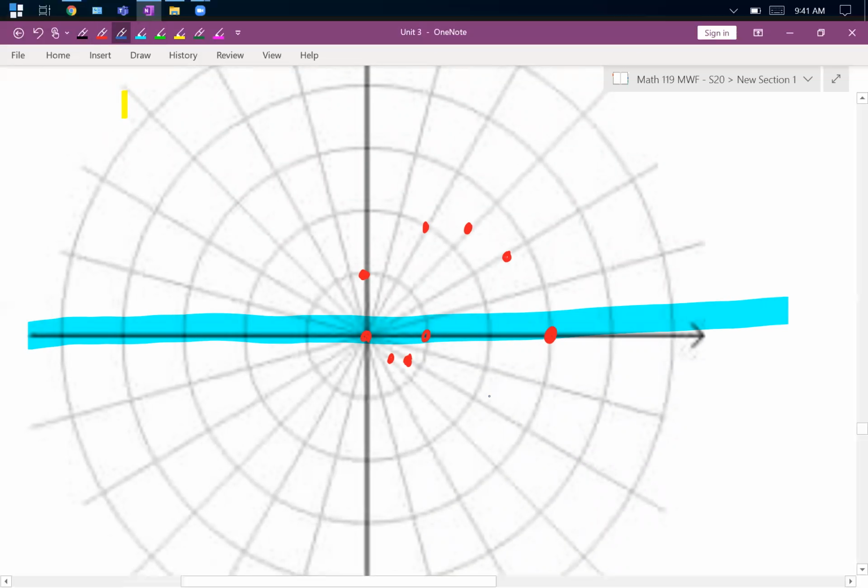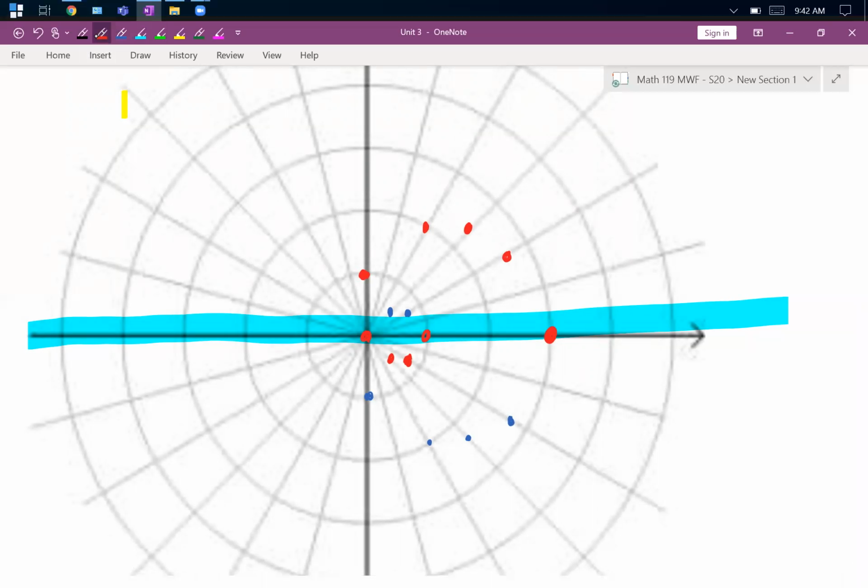And we're just going to reflect them. And then the little ones on the inside. And now we have the mirror image on either side, and we're ready to draw in our graph.